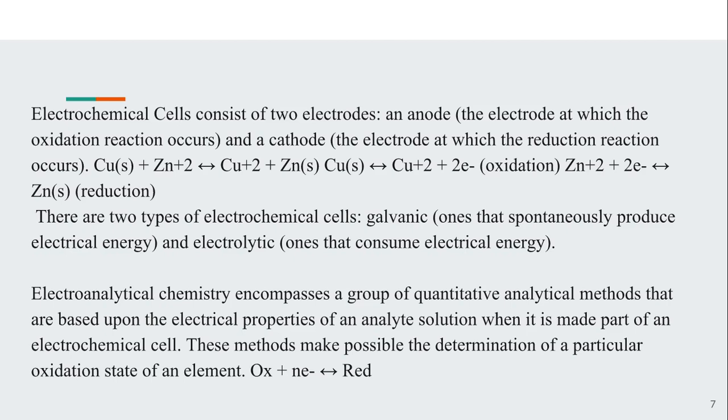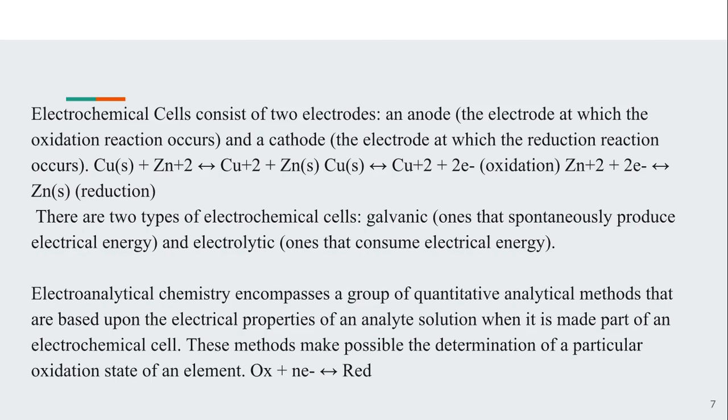These two reactions occur in pairs, and the chemical equation we can see on the slide represents the oxidation of copper and the reduction of zinc. We know copper has a greater electrochemical activity compared to zinc, hence the oxidation of copper and the reduction of zinc.